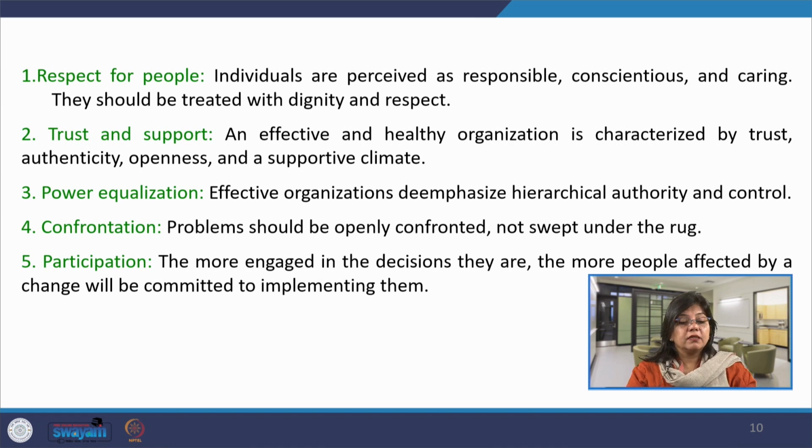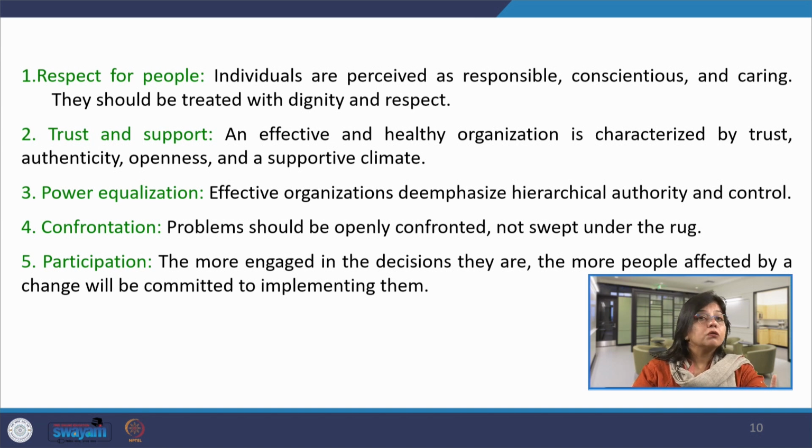The other is trust and support. An effective and healthy organization is characterized by trust, authenticity, openness and a supportive climate. So, this is another change implementation: in order to achieve success or make the organization effective, it is very important to implement a change where the organization is characterized by trust, authenticity, openness and a supportive climate.